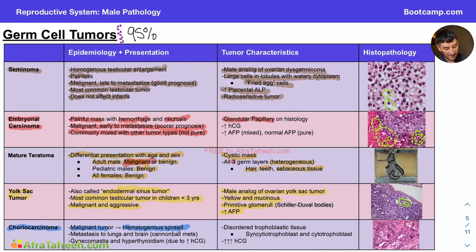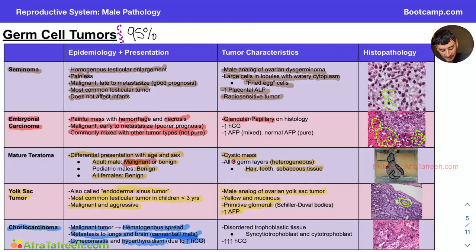And so what happens here is we get metastasis to the lungs and the brain, and these are classically described as cannonball metastases. So there's these big ball-like metastases that you can see on X-ray in the lung or on head CT in the brain. And then these can be associated with gynecomastia and hyperthyroidism, and this is due to the fact that these tumors just pump out a ton of HCG, which causes these hyperthyroid type effects.